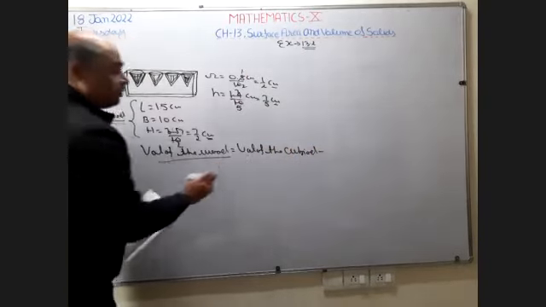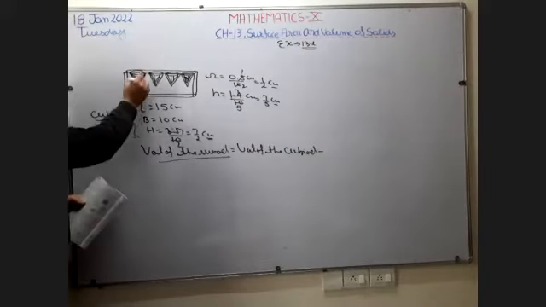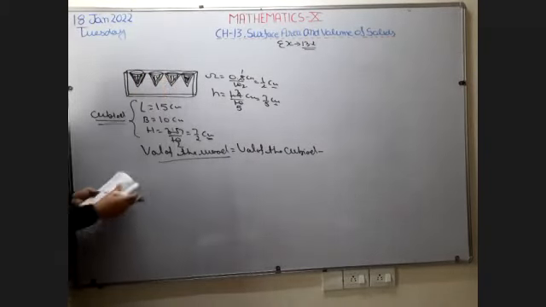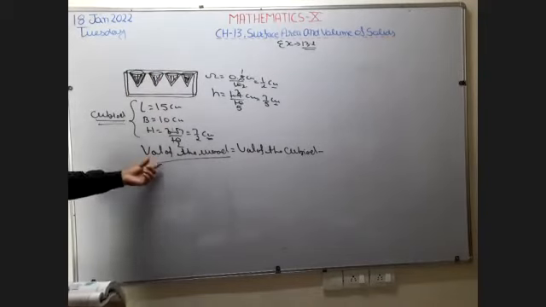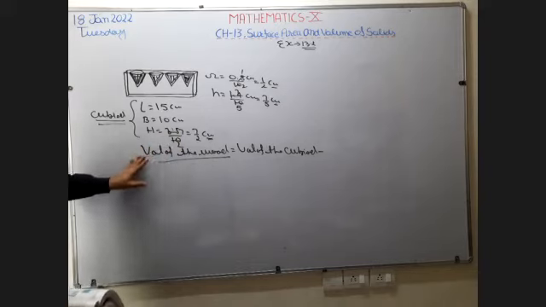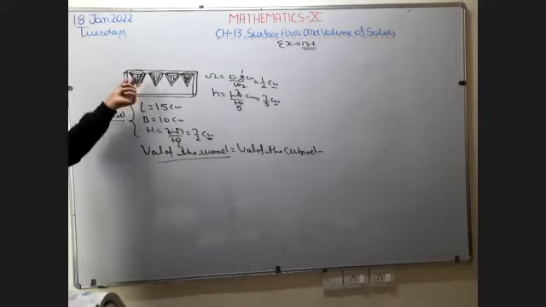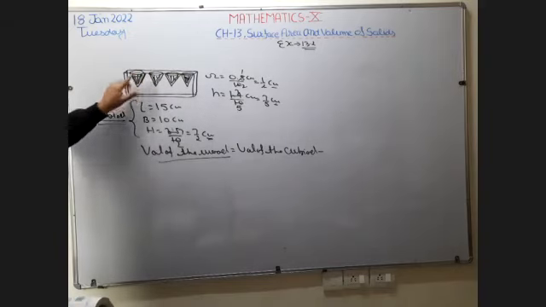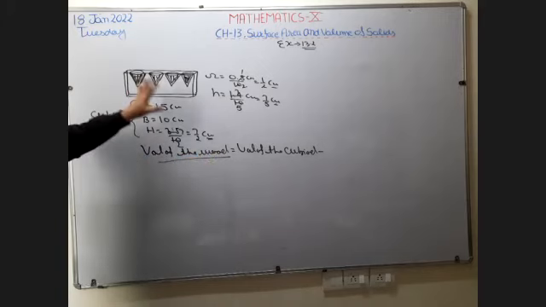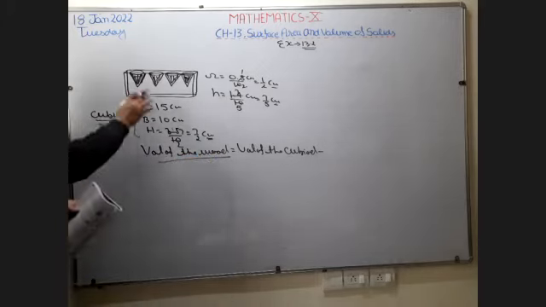From this cuboid, what are we going to do? We are going to remove these 4 conical shapes. After removing 4 conical shapes, we find the volume of the remaining wood. So the original question is: find the volume of the remaining wood after making these four conical portions in the block. What is the original block?